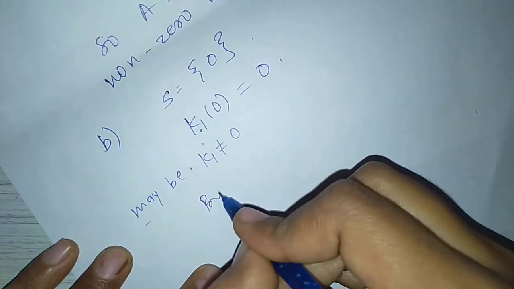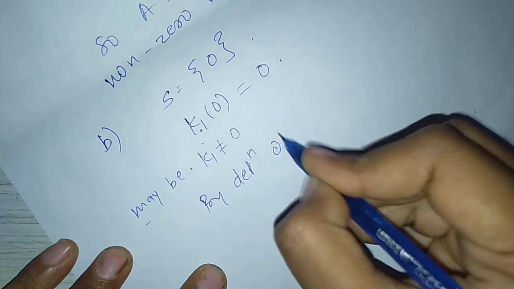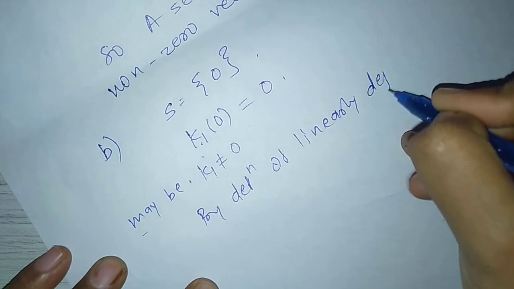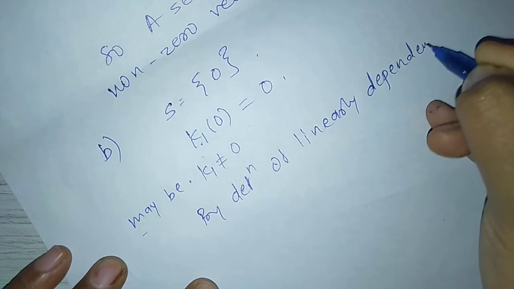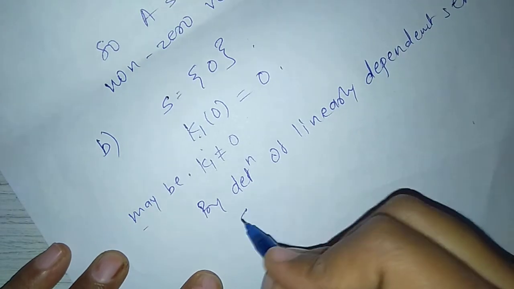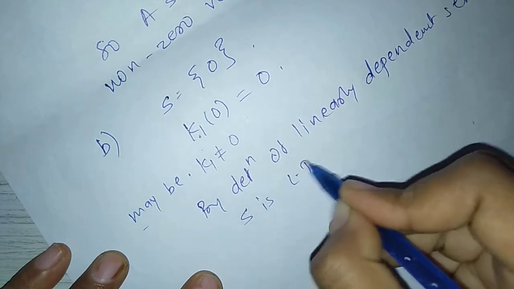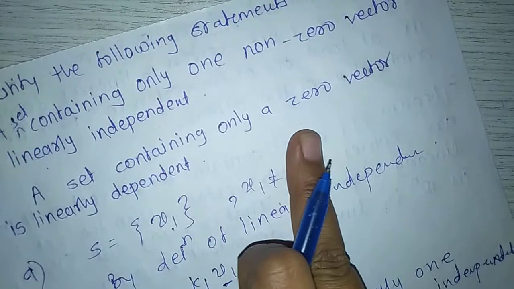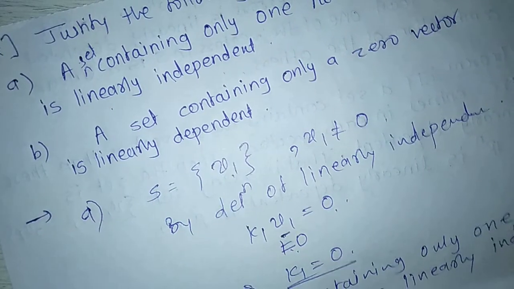If K1 equal to 2, 2 into 0 is 0. The condition is satisfied. So, by definition of a linearly dependent set, S is linearly dependent. Means a set containing only a zero vector is linearly dependent.